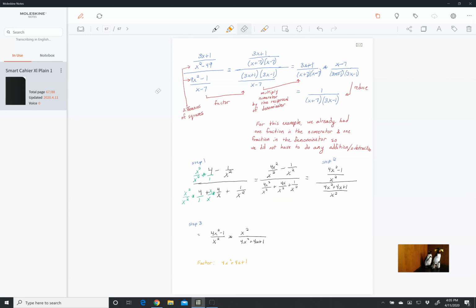Just to review with you, we multiply a times c, which gives us 4. Then we need two numbers that multiply to 4 and that add to 4. That's a 2 and a 2. So they have to multiply to our a times c, and they have to add to our b.